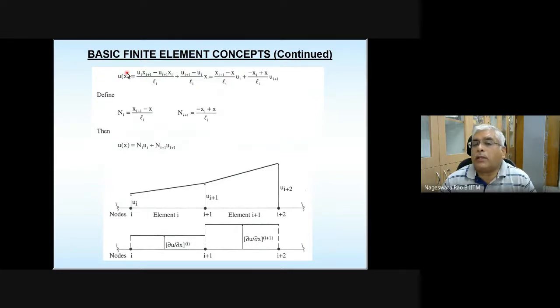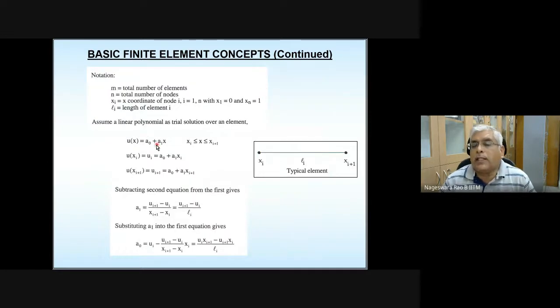u as a function of x is equal to this. And you can see here, u as a function of x is still linear in x. This quantity is linear in x, this quantity is linear in x, and there is an addition sign. So the total equation is linear. And we started with a linear equation.